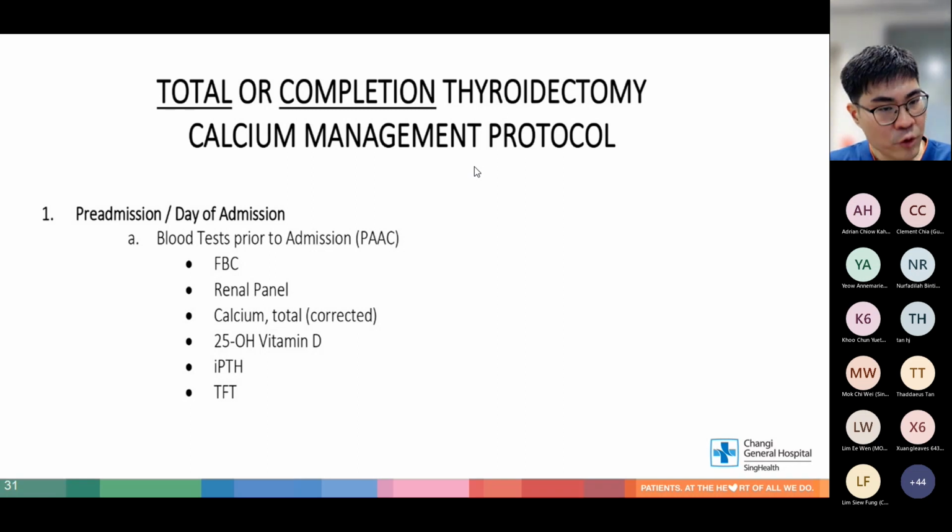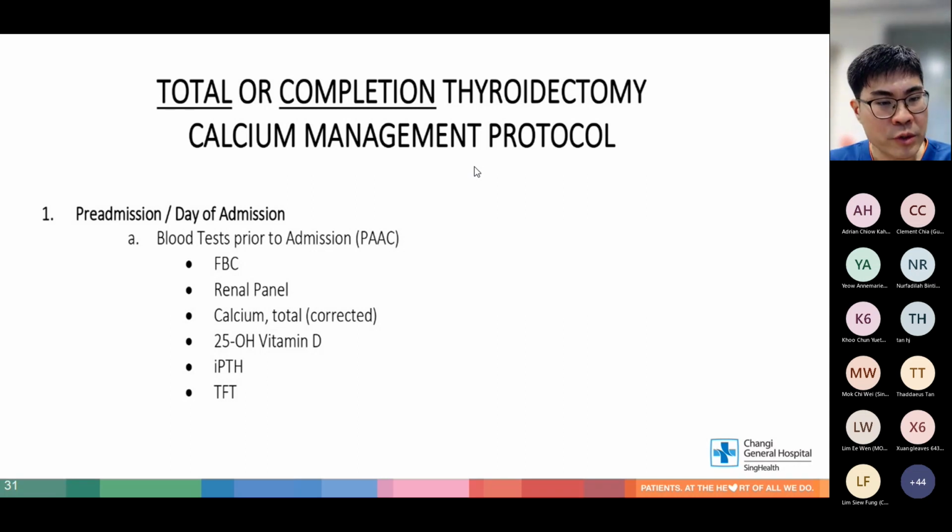I have to confess that this does not always happen, because especially in the younger patients, PAC may not do the bloods as they do not require it. What we do then is keep an eye out for it. Upon admission, when the anesthetist sets the plug during induction, we will draw the blood at that point to do the blood test.